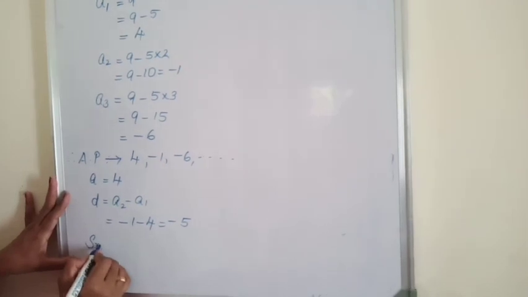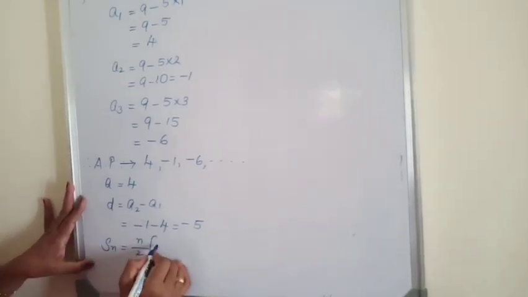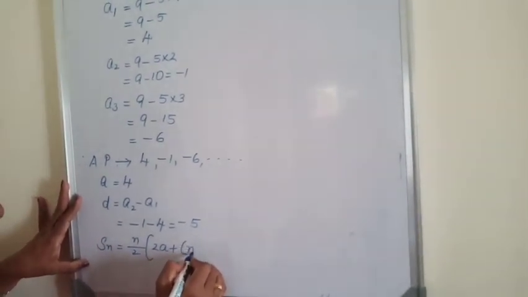So, Sn equals n by 2 into 2a plus n minus 1 into d.